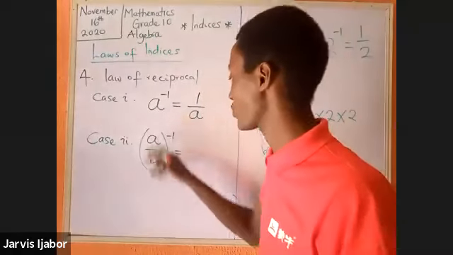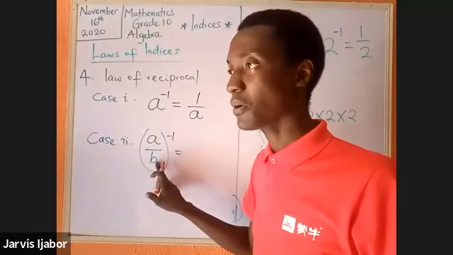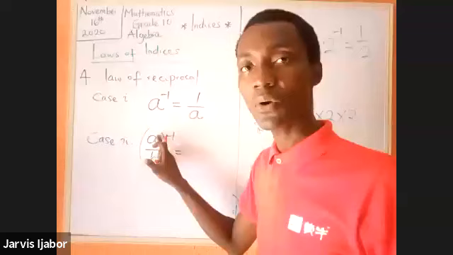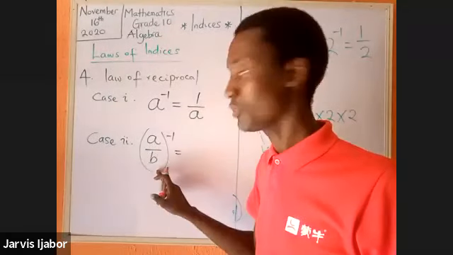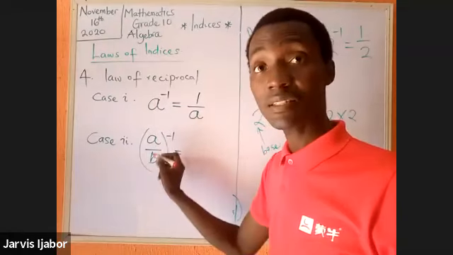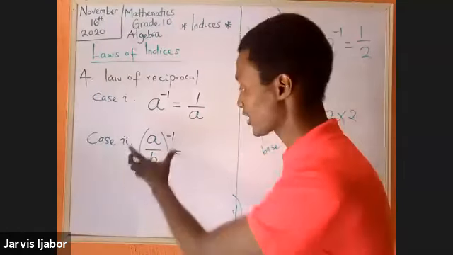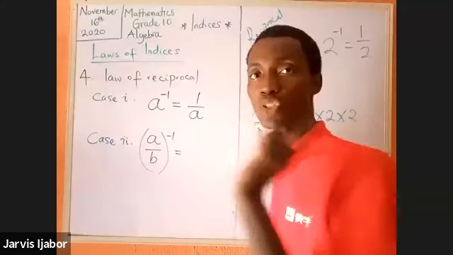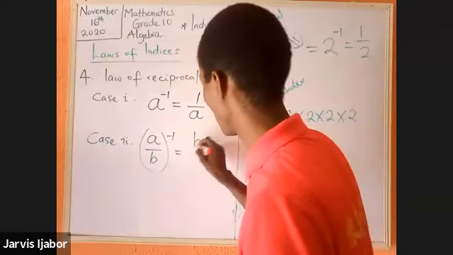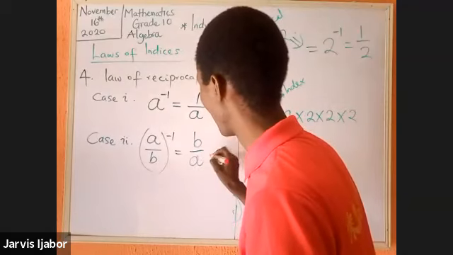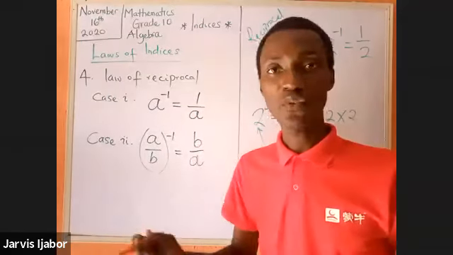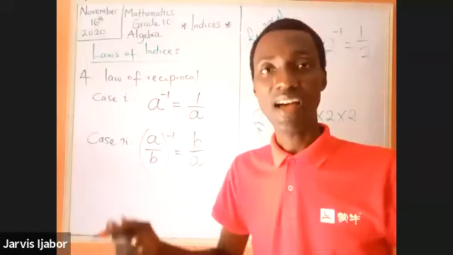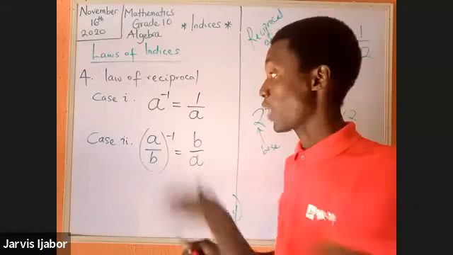So the effect you see now is that the denominator becomes the numerator and the numerator becomes the denominator. So if you have this, the interpretation is a over b, the reciprocal of a over b. What you're going to get will be b over a as your final answer. So this is case 1.